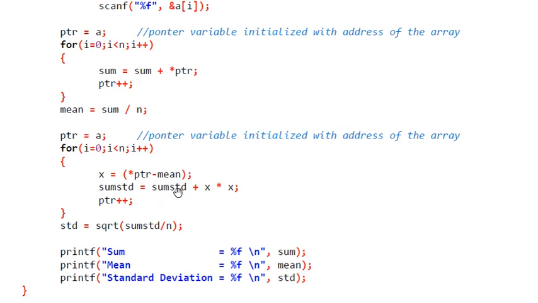And sum std was what? Previously it stored D0 minus mean square, plus x, which is D1 minus mean into D1 minus mean, that is D1 minus mean whole square. So repeatedly we will calculate this and keep on moving the pointer to the next location, so we complete through all the locations.